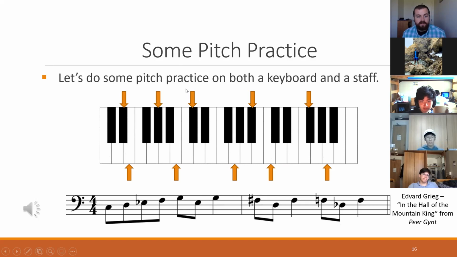Look at all the orange notes. Notice that they all work left to right, and try to figure out all of the pitches on the piano keyboard. For black notes, feel free to try doing both of their names, but you don't have to. Take 2 minutes and write down all the pitches. Let's do just the keyboard portion first. We'll save the staff for a second. So, 2 minutes starting now.